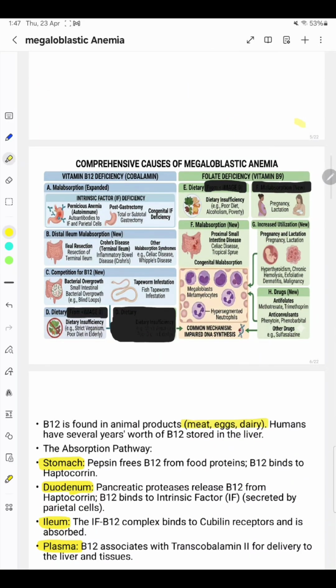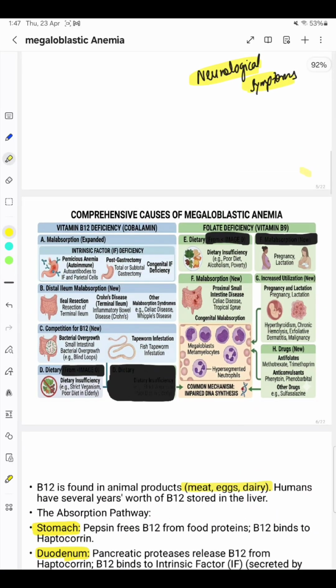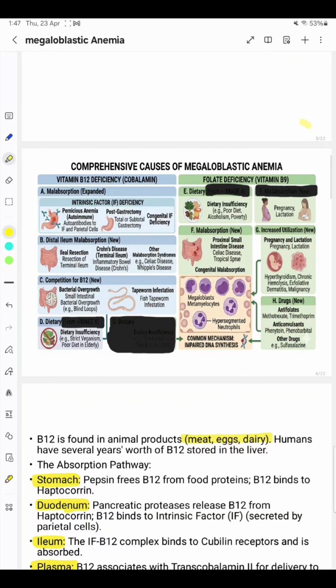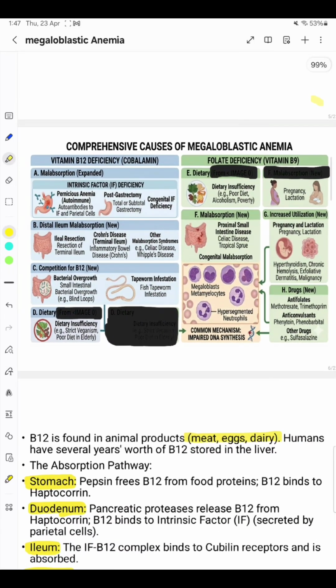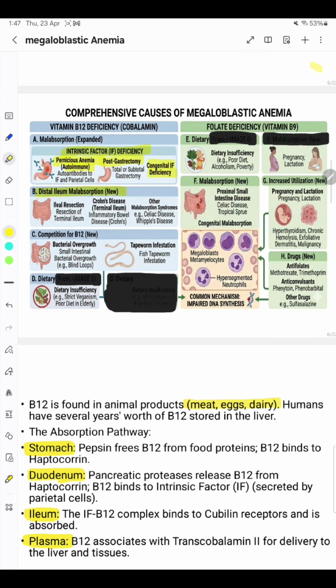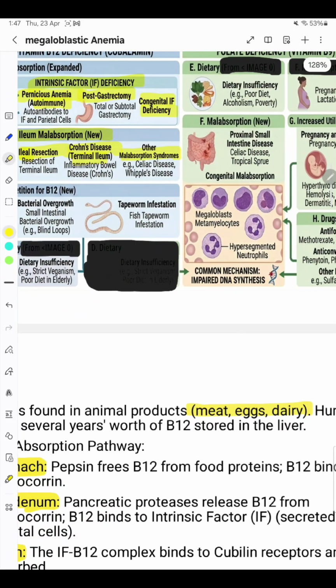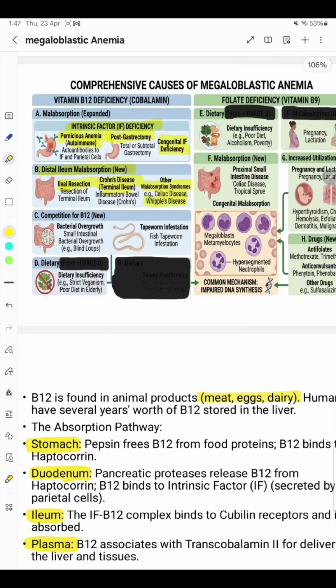What are the causes of megaloblastic anemia? B12 deficiency and folate deficiency can result in the development of megaloblastic anemia, and there are several reasons for vitamin B12 deficiency, like deficiency of intrinsic factor, which can be seen in pernicious anemia, post-gastrectomy or congenital intrinsic factor deficiency; distal ileum malabsorption, which is seen in Crohn's disease, ileal resection, and some malabsorption syndromes like celiac disease and Whipple's disease.